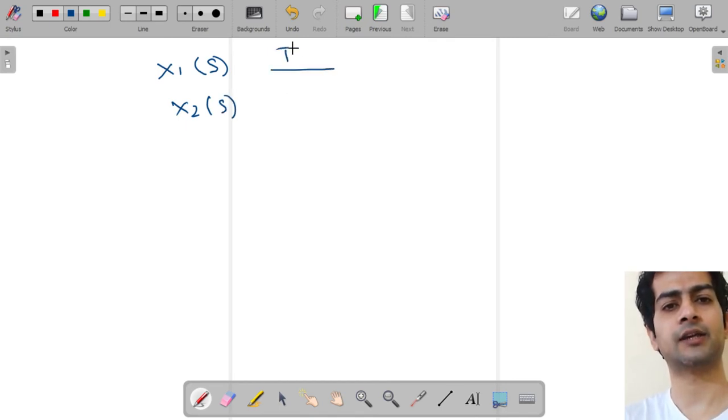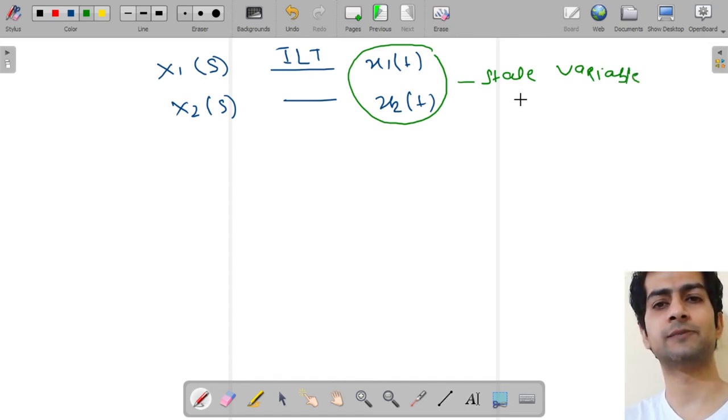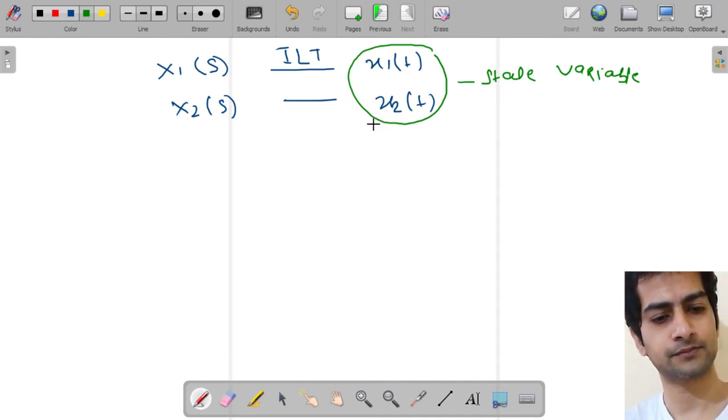If we take an inverse Laplace transform of it, we will get x1(t) and x2(t). And this x1(t) and x2(t) are our state variables. So this is the first method of finding state variables, where you don't require any specific knowledge of state space. You just require a basic knowledge of matrix expansion. So now let's discuss method 2 also.